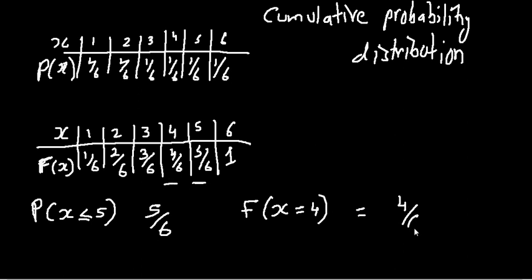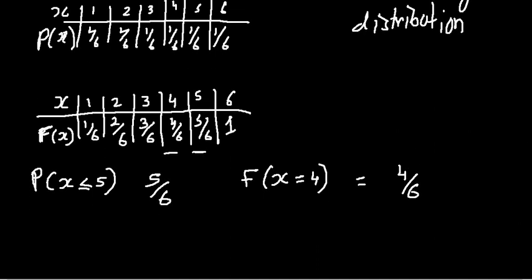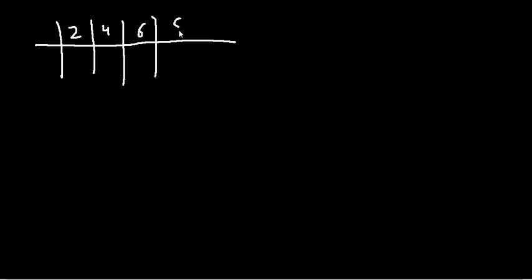Okay, good. Now let me give you another distribution where the probabilities are not uniform, just so that you understand this better. Let me give you a situation where you have 4 outcomes, 2, 4, 6 and 8, and these are the probabilities.